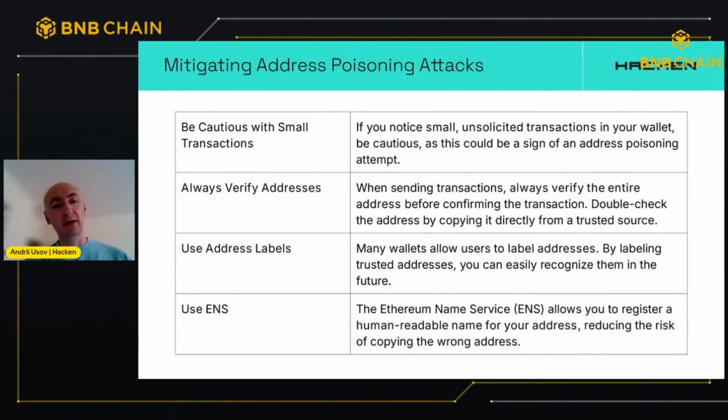A more automated way is to use labels provided by wallets, but that also requires human attention to track all of them, as a daily, continuous process. Or use the Ethereum Name Service to map the addresses to a human-readable format.